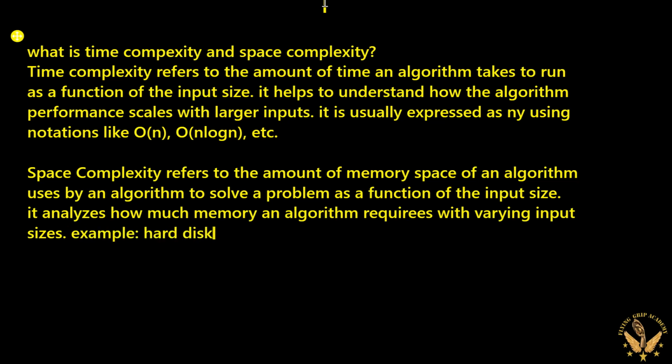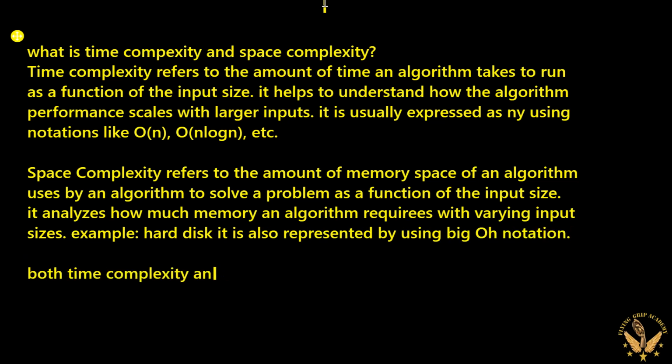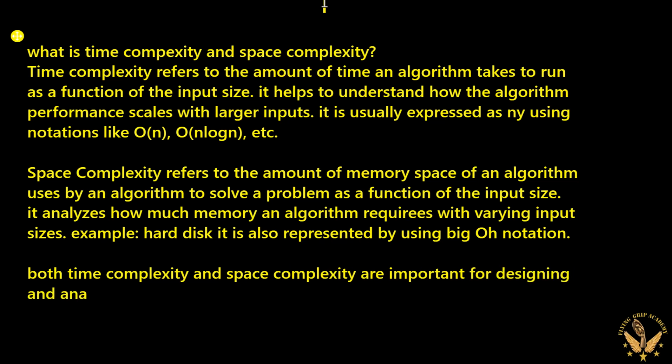For example, you are storing a database inside the hard disk, and it may run out of memory. At that time, how efficiently it can scale the performance is also considered as space complexity. Both time complexity and space complexity are important for designing and analyzing algorithms.